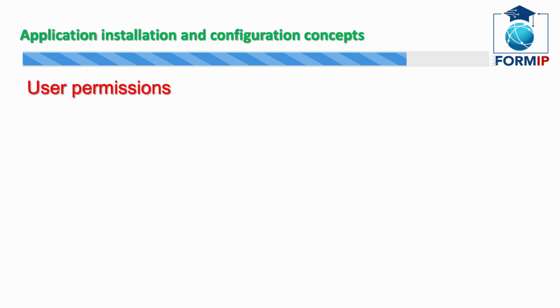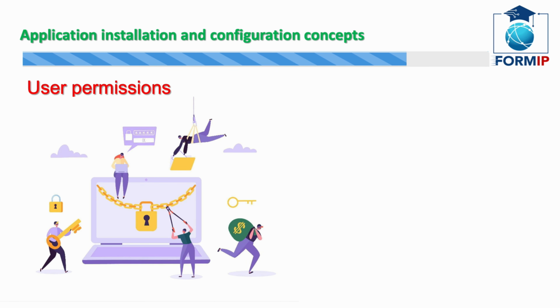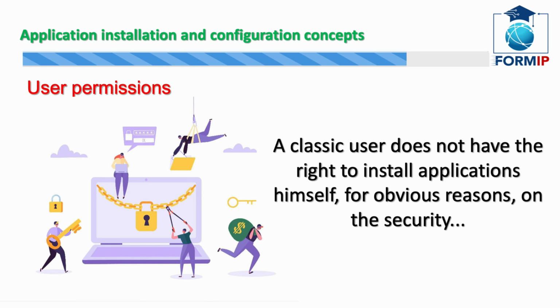There is also a type of permission that is more local, i.e., access to files is restricted to the system user. But in general, a classic user does not have the right to install applications himself for obvious security reasons. And that's the last point of this course, with a few safety recommendations.